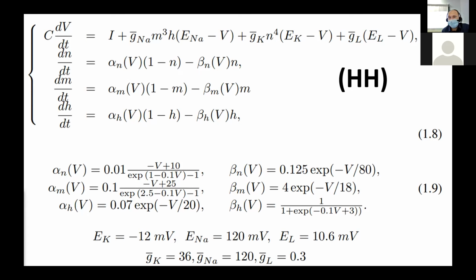These three terms are analogous to the Ohm law. You have a voltage and you have the conductance, but one of the assumptions of the model of Hodgkin and Huxley is that there are some conductances, some gates, that open and close. So it's not a constant like in the Ohm law, but they can open or close. And the opening and closing are given by the three other equations.